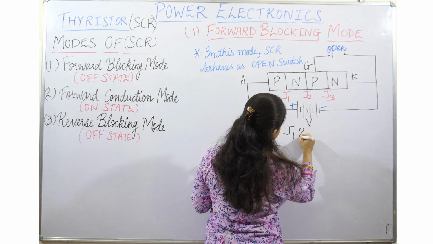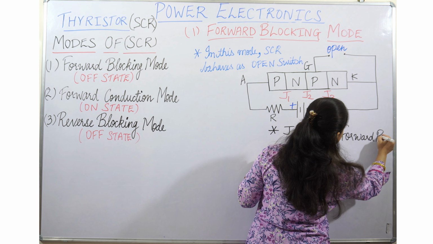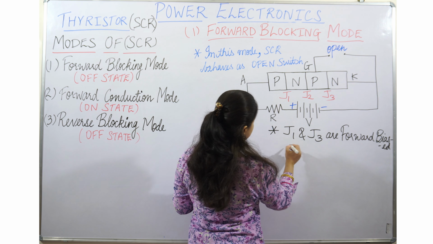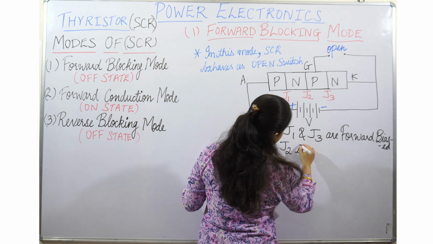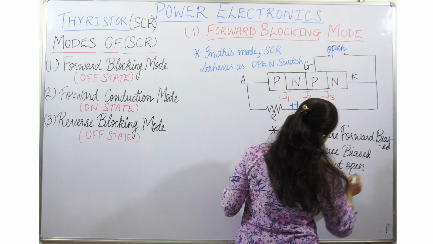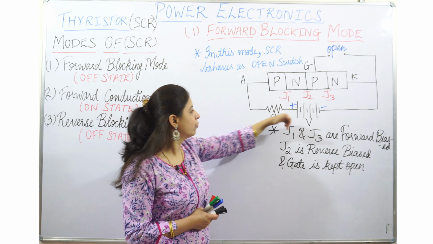Junctions J1 and J3 are forward biased, and J2 is reverse biased, and the gate is kept open.